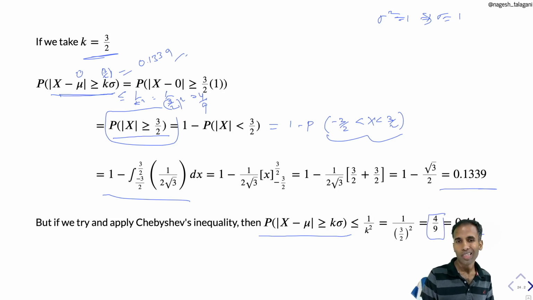Here this upper bound is not so tight. The actual probability is much lower, 0.1339, but you are giving a big upper bound. Sometimes these bounds can be not so good.